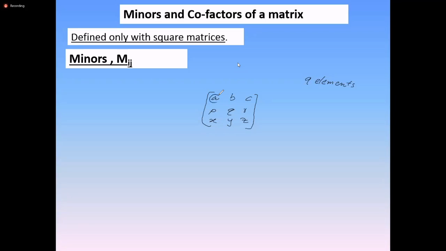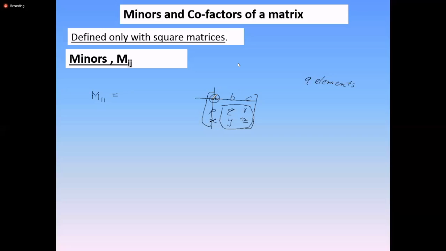Minor of A. That is the very first row, very first column element, so we denote it by M11. Actually, that is a determinant value. The determinant is taken by erasing this row and this column. What are the remaining 4 figures?